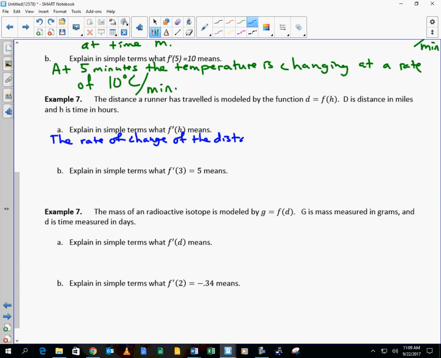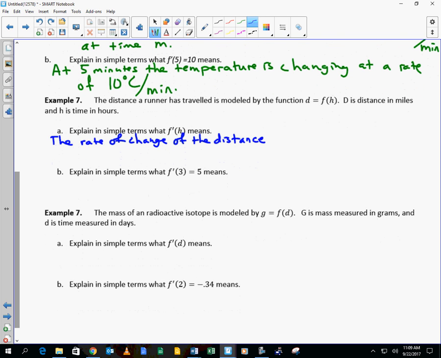Of the distance. What do we measure that in? In miles per hour at time H.